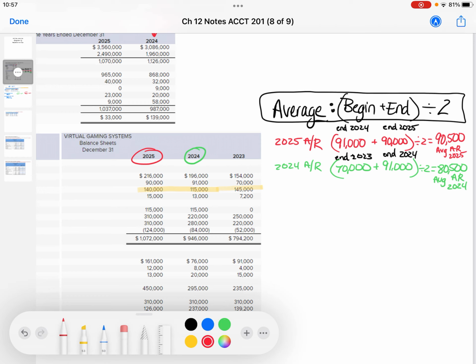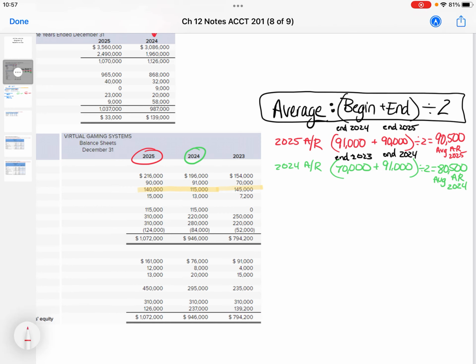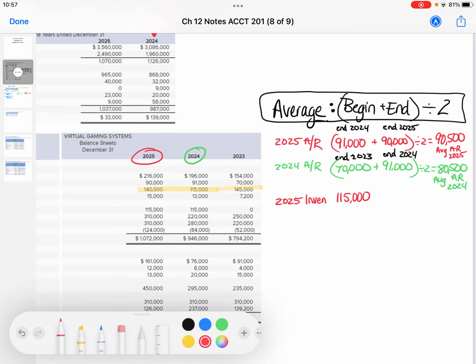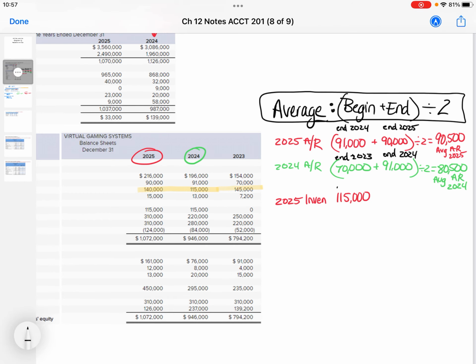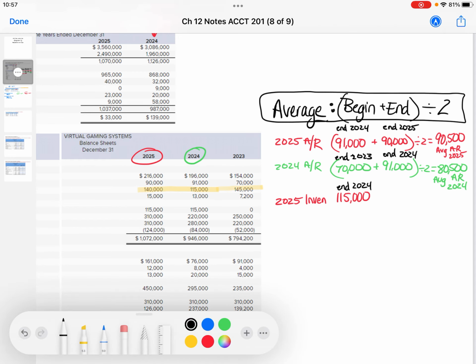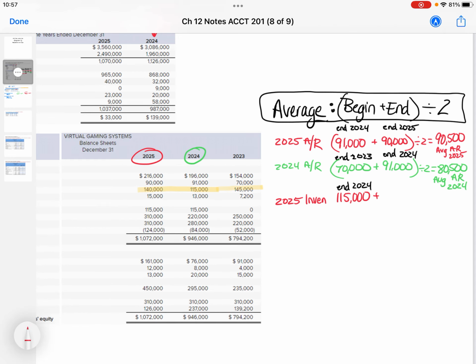It looks like I did the current year first last time, so we'll just keep with that same idea. 2025 inventory. So if I take the beginning balance of 2025, which is the end of 2024. Again, beginning balance of 2025 is the end of 2024. So I start with beginning balance, and then I add ending balance. Ending is ending, right? And then I divide all of this by 2.